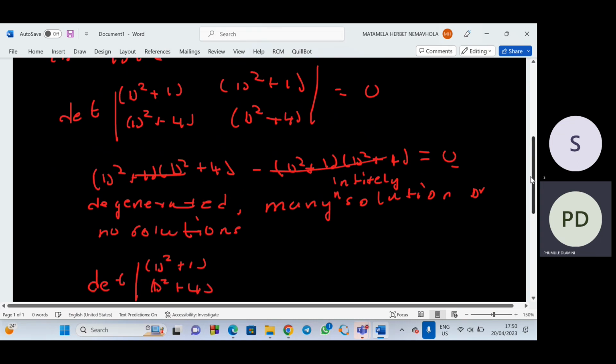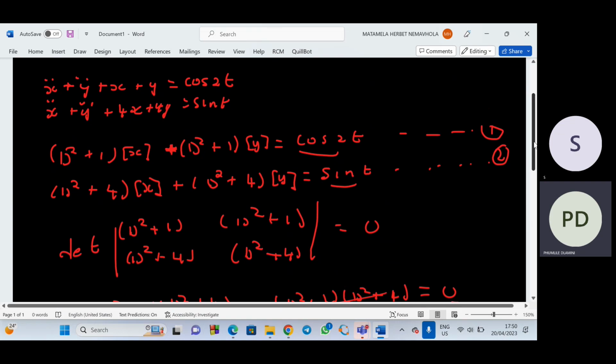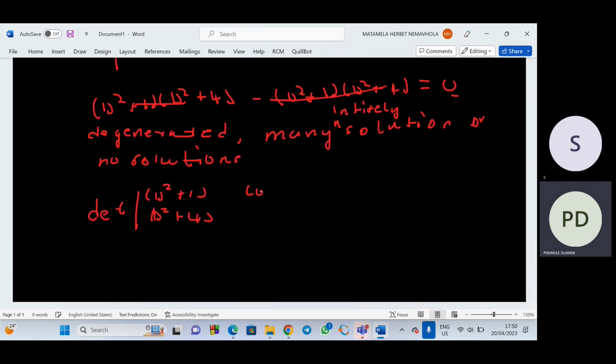Then you take this question, these two are cos 2t and sin t. We're going to say cos of 2t and sin t.